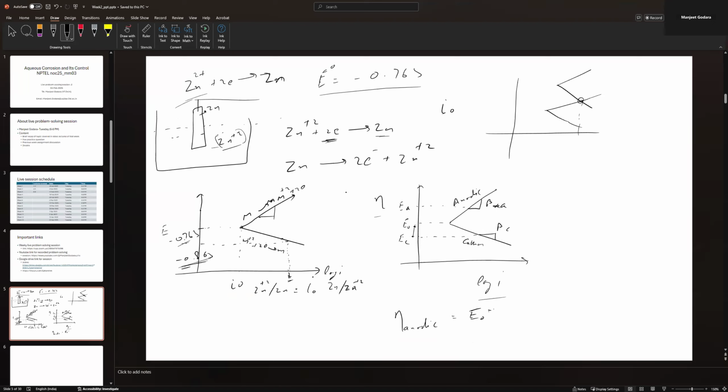So E A minus E naught is equal to your Tafel slope beta A times log I divided by I naught. I naught is the equilibrium exchange current density.